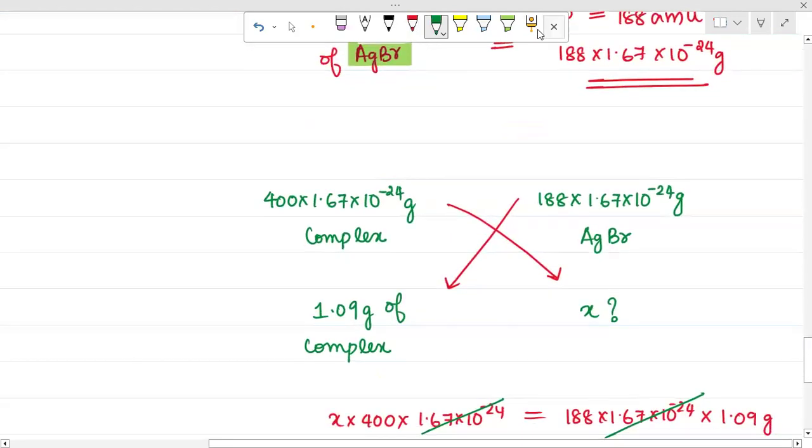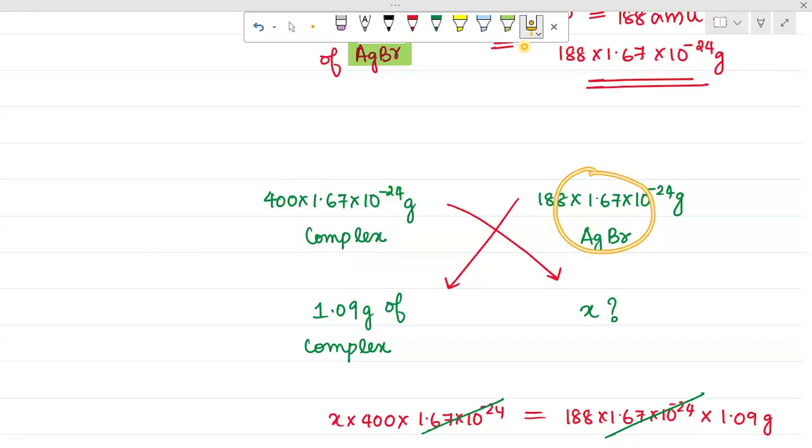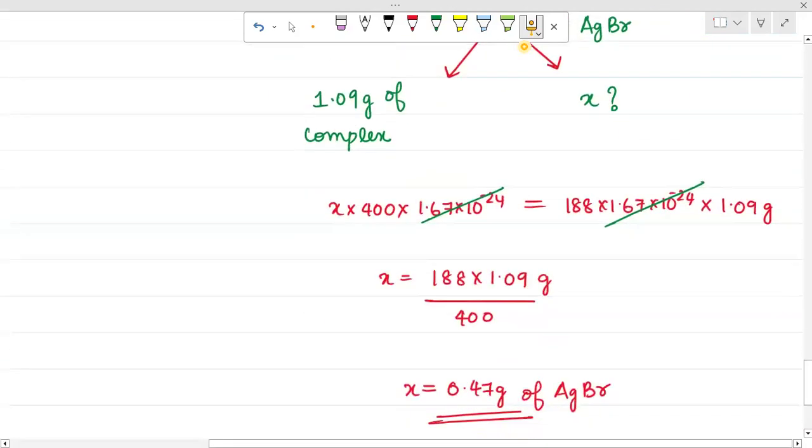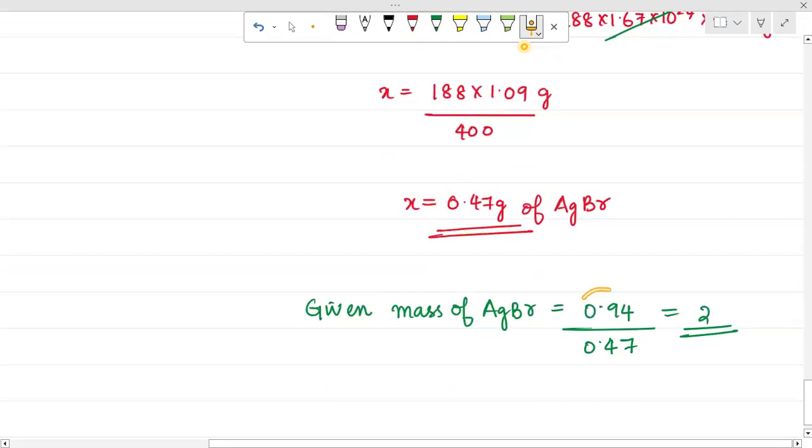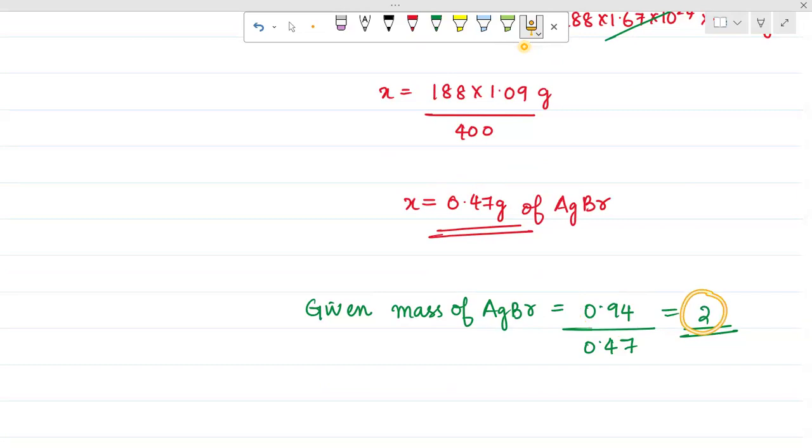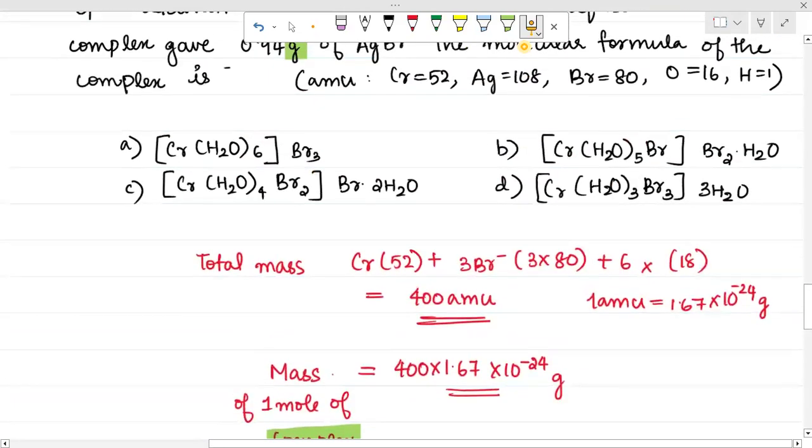If we took just 1 mole of the complex in a 1:1 ratio, you would get 1 mole of AgBr, and for 1.09 grams of the complex we found 0.47 grams of AgBr. But in the question, the amount formed is 0.94, which corresponds to 2 moles of AgBr. So 1 mole of complex is giving you 2 moles of the precipitate.